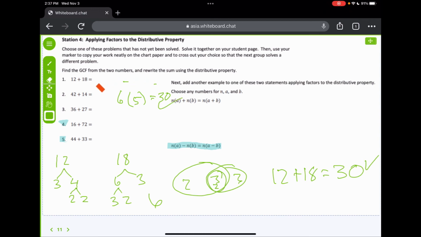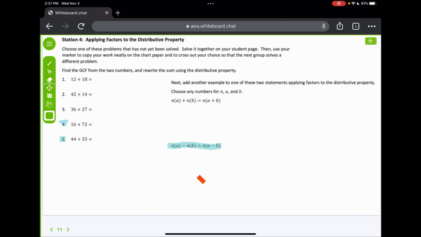All right, I'm going to erase this all, and we'll do number 2. Number 2 is 42 plus 14, so I'll do one more prime factorization of this. We have 7 and 6. We have 3 and 2 because 6 will, now 7 is prime, so we don't have to worry about that one.